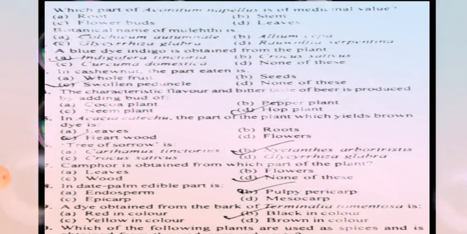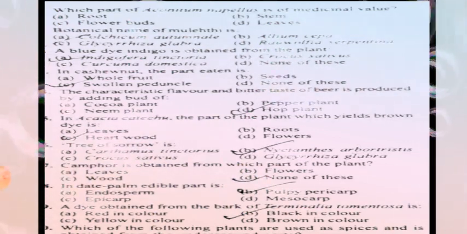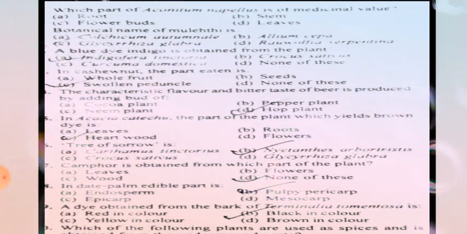Then comes the tree of sorrow. The options are Carthamus tinctorius, Nyctanthes arbor-tristis, Crocus sativus, and Glycyrrhiza glabra. The tree of sorrow is Nyctanthes arbor-tristis, so option B is the correct answer.